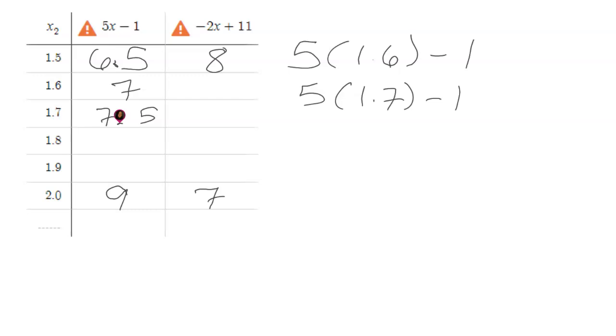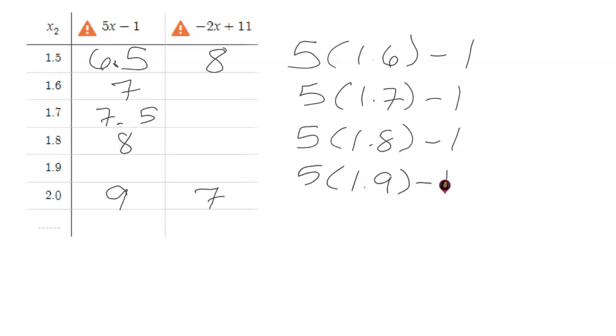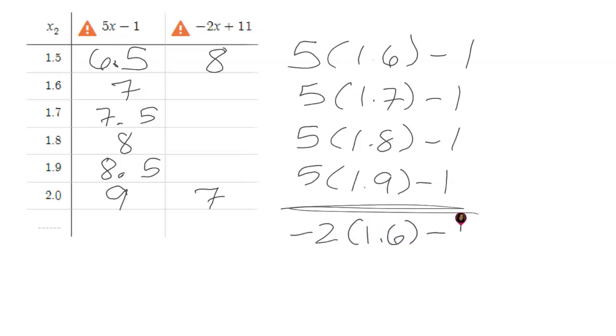And you can keep going in that same pattern. 5 times 1.8 minus 1, 5 times 1.9 minus 1, to keep getting the values that would go in the first column. We're going to evaluate our function at those values on the second one. Negative 2 times 1.6 minus 1 gives me a, oh, sorry, that's plus 11.